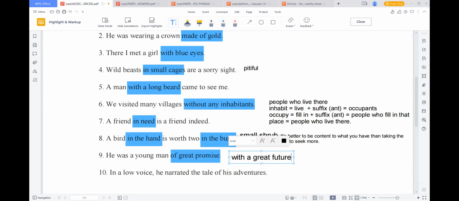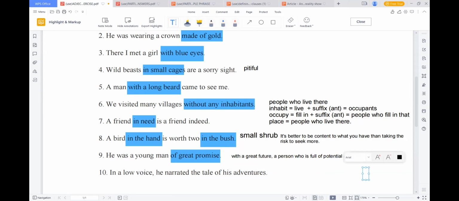Basically, it is a person full of potential and talent with a great future. Okay, so that's the meaning.